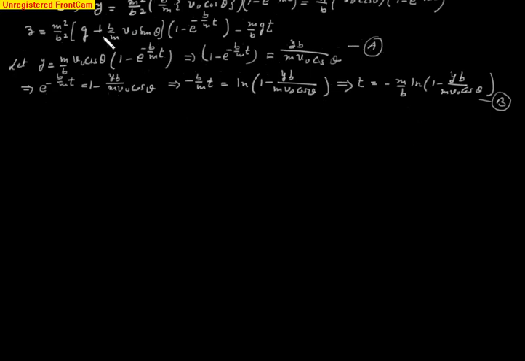Then putting these two components in the equation of z here, one a will come here and b will come here, so the equation of z will become m square over b square. In bracket I have g plus b over m v naught sine theta.